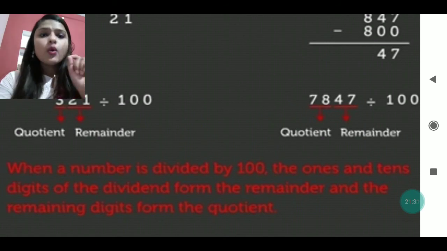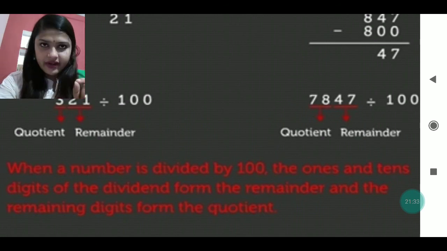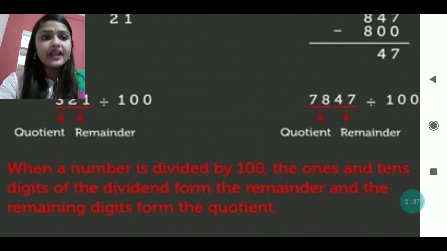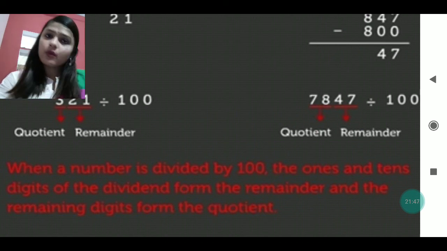Just read it. When a number is divided by 100, the ones and tens of the dividend form the remainder, and the remaining digits form the quotient.